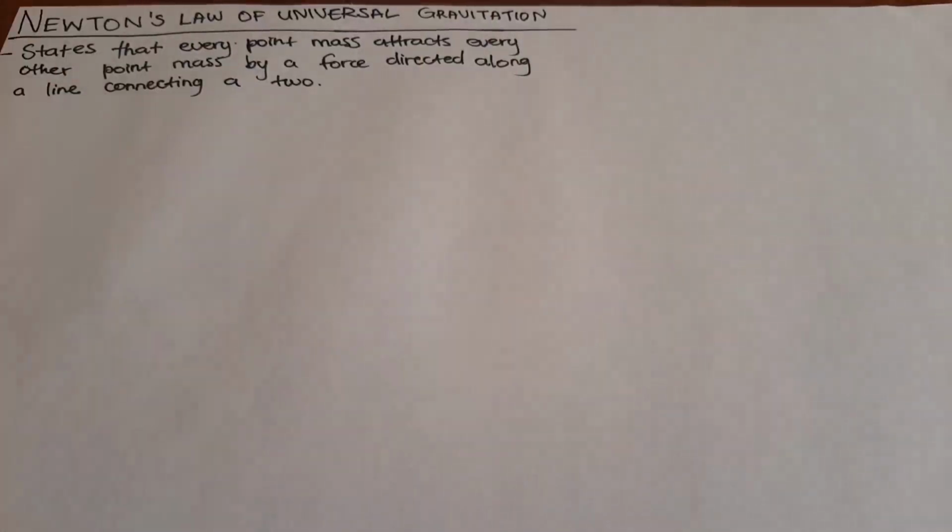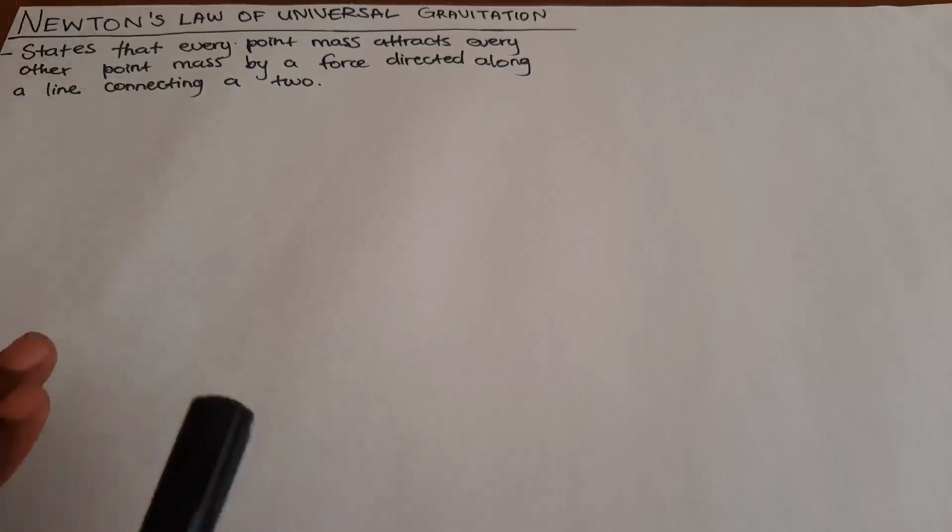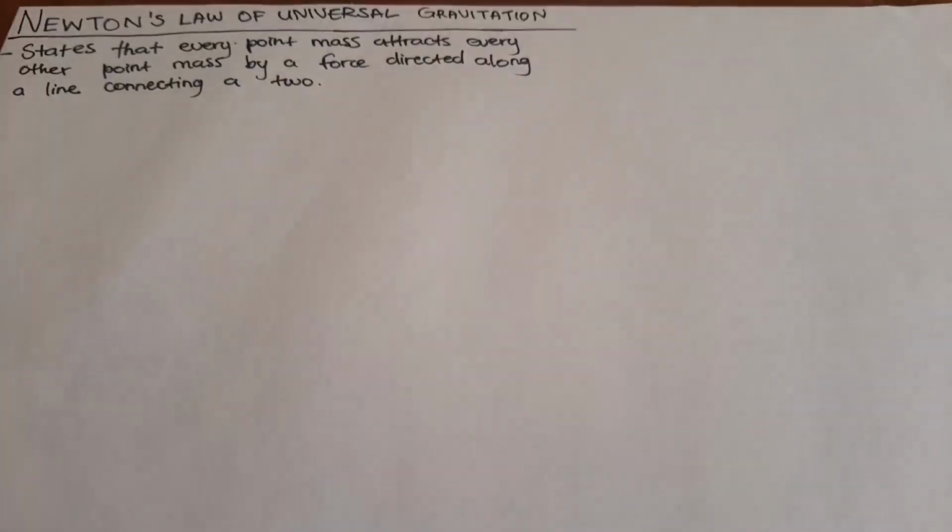I just want to make sure that you understand what is being stated by Newton's law of universal gravitation. Every point mass, as in my example between two point masses, attracts every other point mass by a force directed along the line between the two.